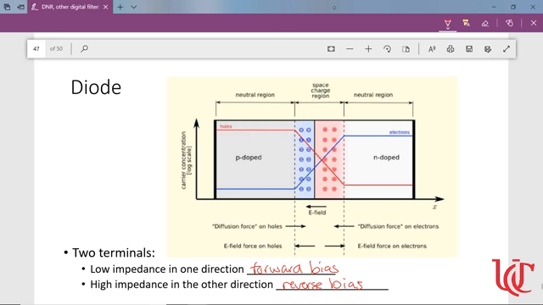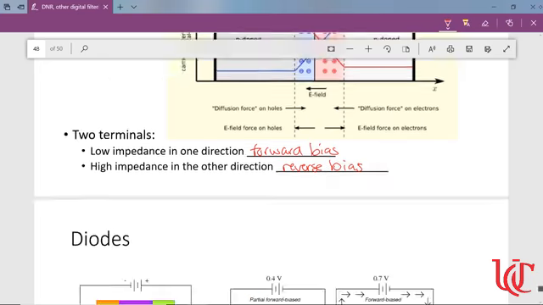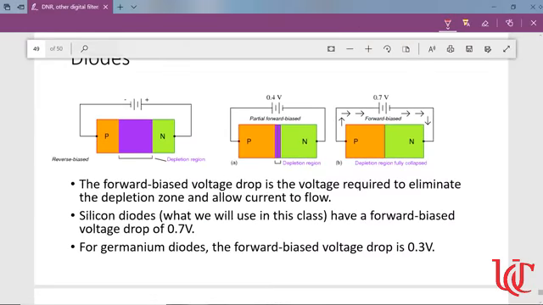If I make that depletion zone grow even larger, that's going to be more of an impediment. If I can make that depletion zone get smaller or go away, then I get less impedance from it. The forward bias is also called the voltage drop required to eliminate the depletion zone and allow current to flow. So if I apply something, this side is positive, right?